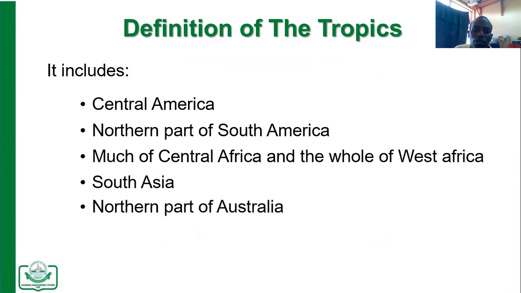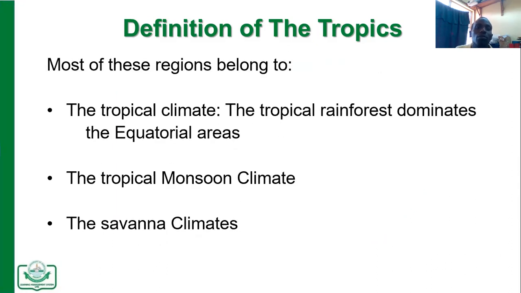The northern part is within the tropics. Most of these regions belong to the climate regarded as tropical climate, the tropical monsoon climate, and the savanna climate. So the characteristics of these three types of tropical climates will be discussed as follows.